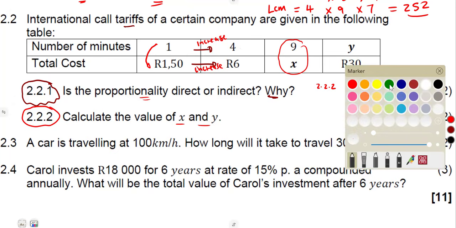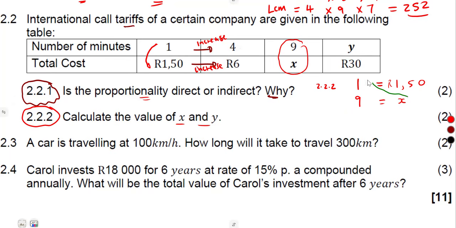Remember, direct proportion, you cross multiply. The inverse or indirect is the one that you take along, but this one you cross multiply. So meaning to say 1 is going to multiply x. 1 times x is equal to 9 times 1,50.